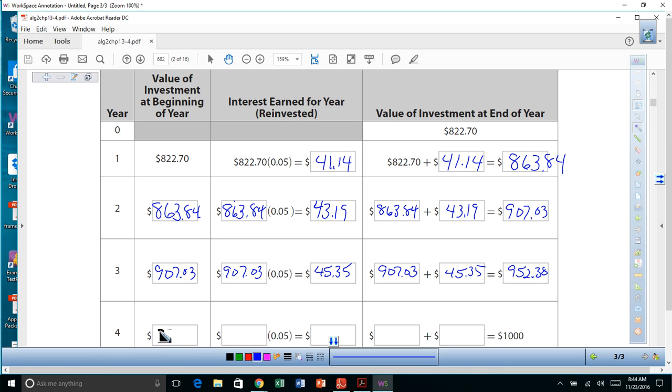So at the beginning of the 4th year, it's worth $952.38. Multiply it by 0.05, that's $47.62.